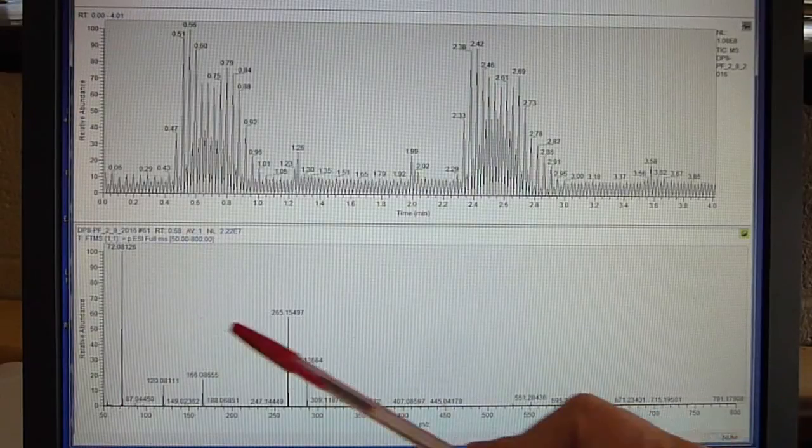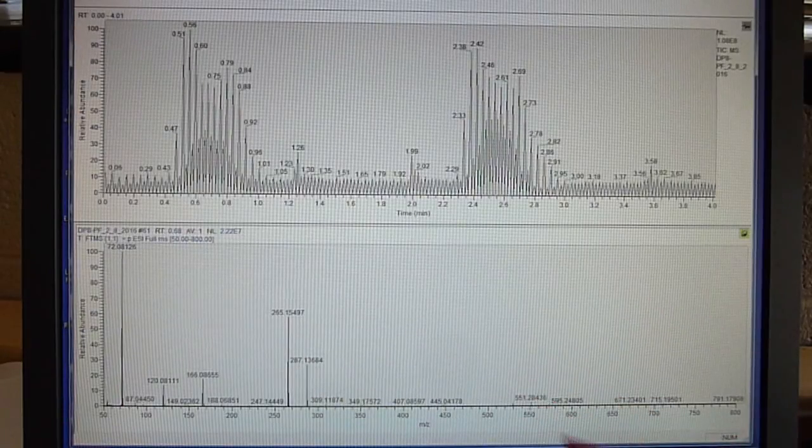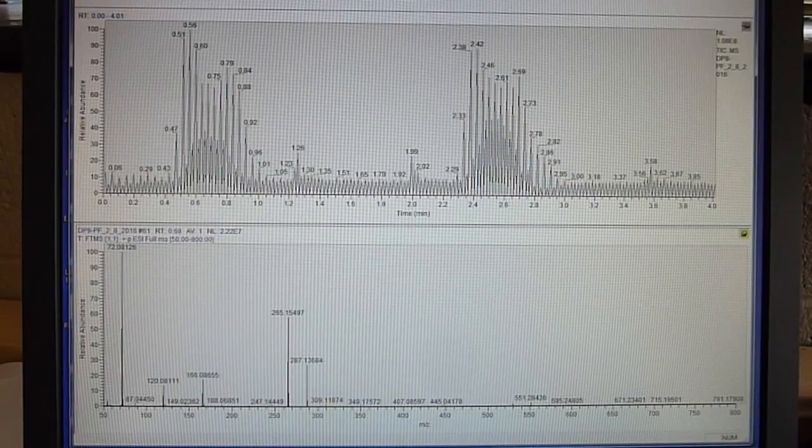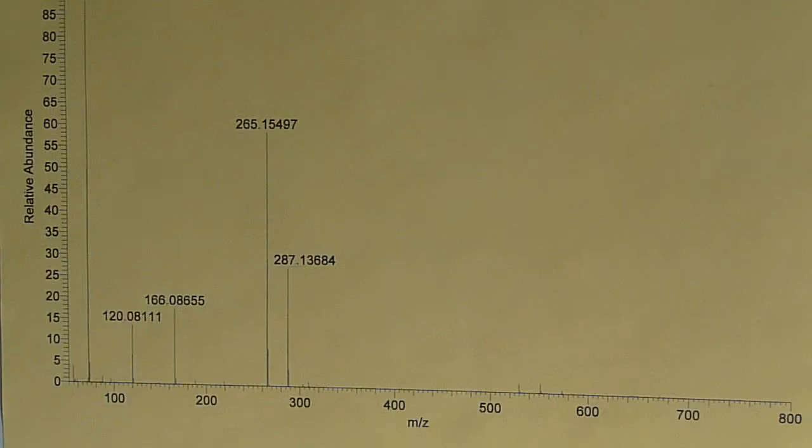On the bottom cell here, we have our positive electrospray mass spectrum, and to hopefully increase the ability to distinguish vital information, let's examine a hard copy of the spectrum. Here we have the same positive electrospray mass spectrum.